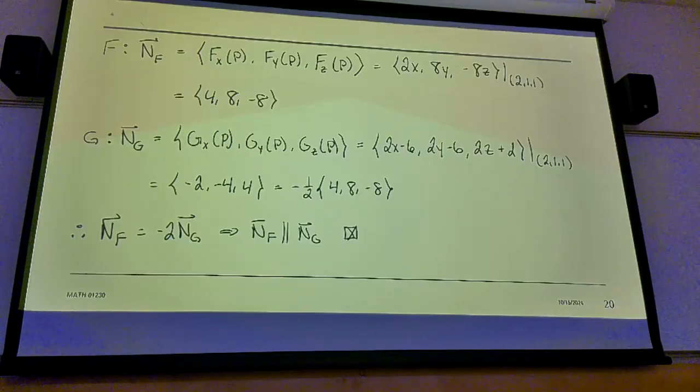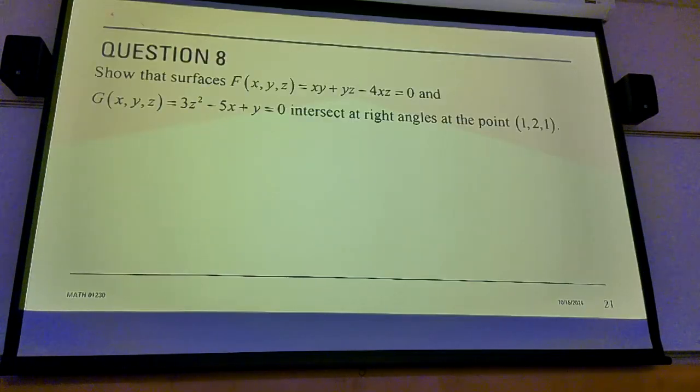Good. So here we have two surfaces. And we want to show that they intersect at a right angle at the point (1, 2, 1).